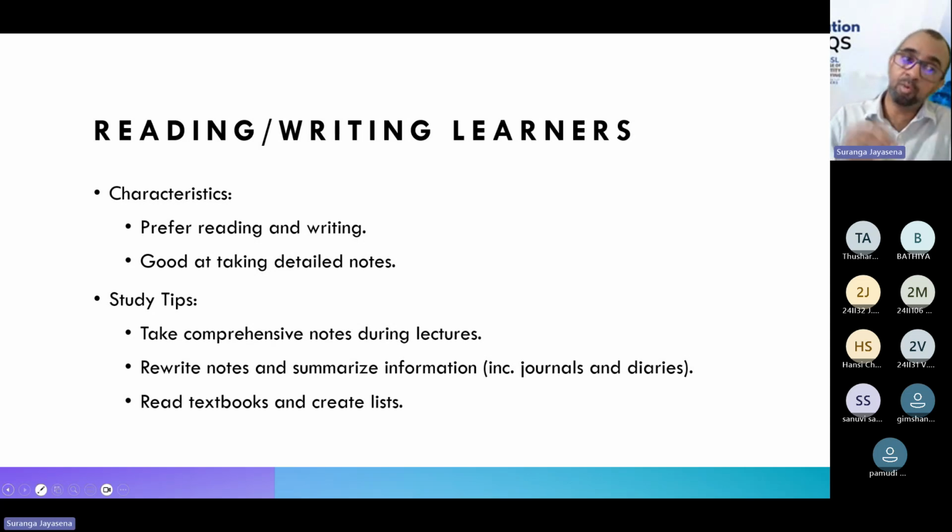But if you are more of a reading writing learner, focus on taking detailed notes and understand things later. Okay, get a deeper understanding later. But if you are an auditory learner, understand it then and there. Okay, so actually we expect the auditory learners mostly to ask the questions.